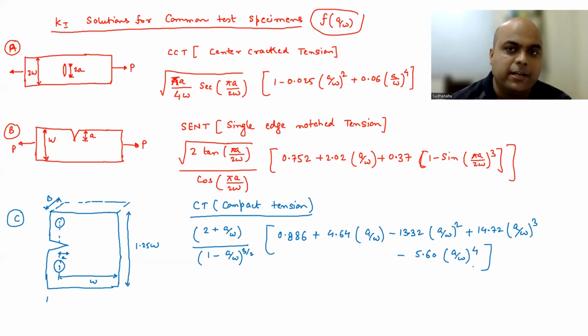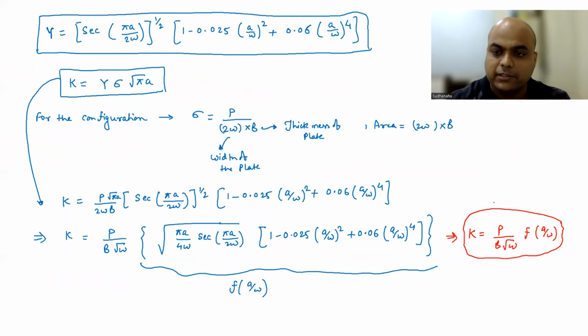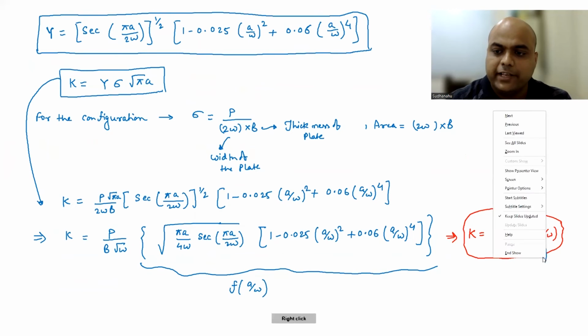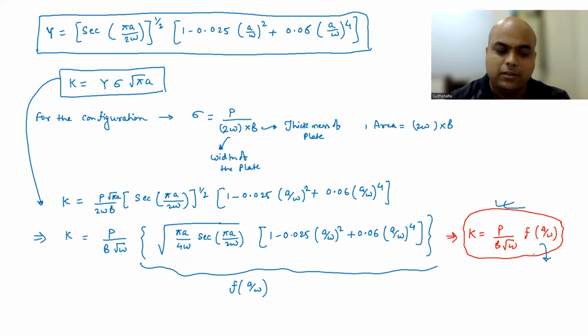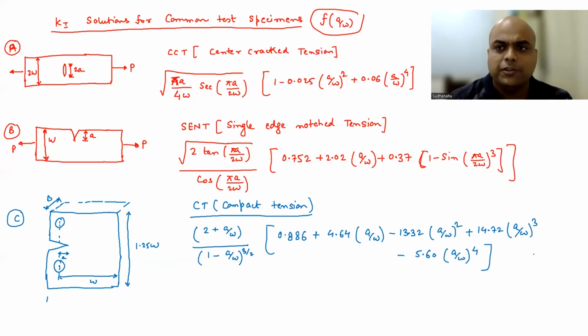And if you know f(a/W), you can figure out what K is, right? Here, this equation. So you have to first calculate f(a/W) and you should be able to figure out what K is. Okay, so if you go through books, you will get more solutions for different configurations.